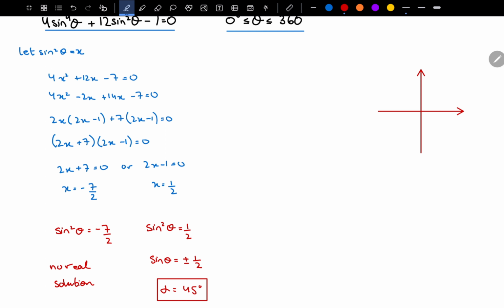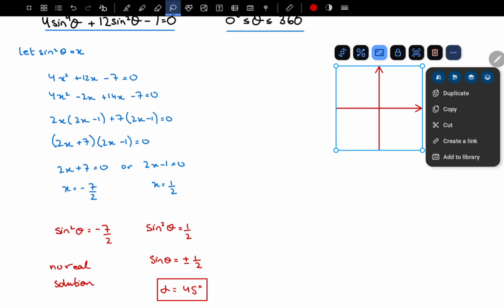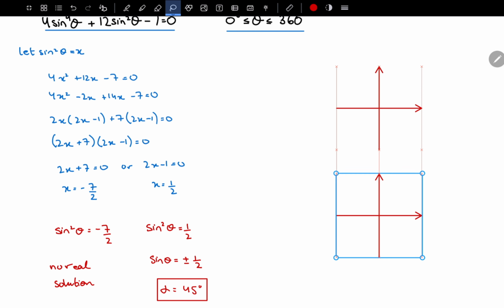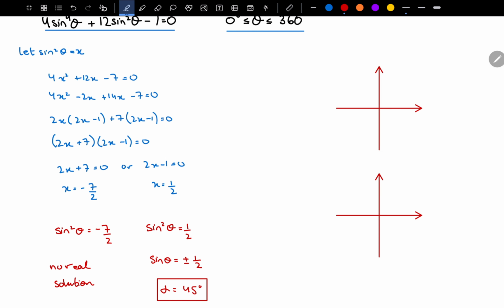So we have to make two graphs, one for the positive value and one for the negative value. So we can simply duplicate this. This is for the positive value and this is for the negative value. For the positive value, we know that sine is positive in the first quadrant and the second quadrant.